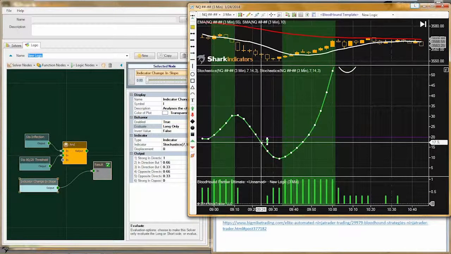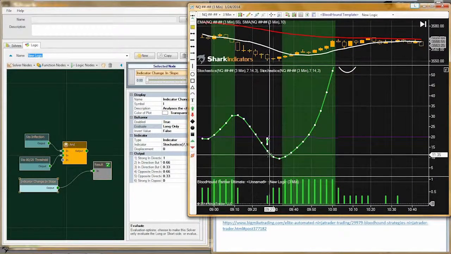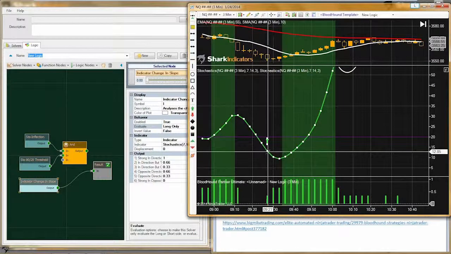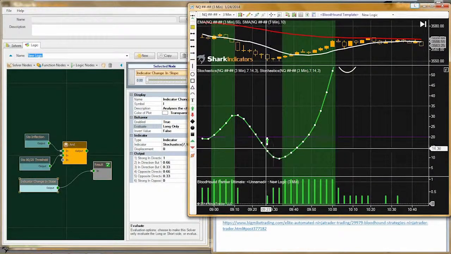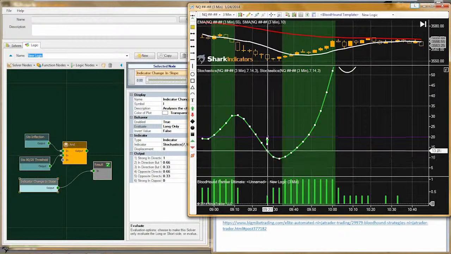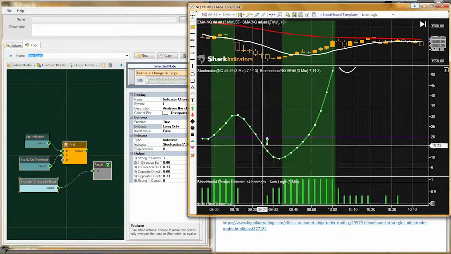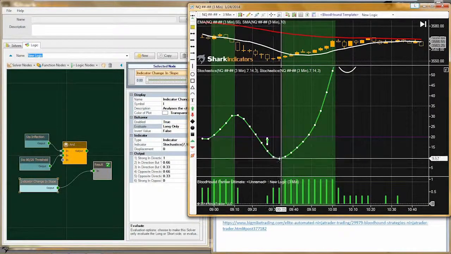It's still kind of hard to see, but as the stochastic moves on, we can see that the falling angle is lessening. It's less of a down angle because the stochastic is beginning to turn up, and we can see that, right.